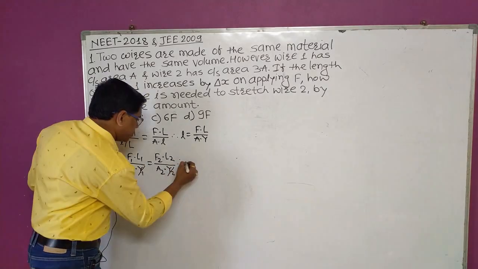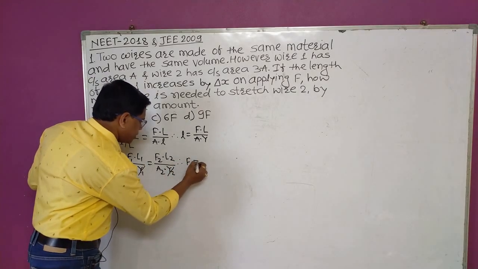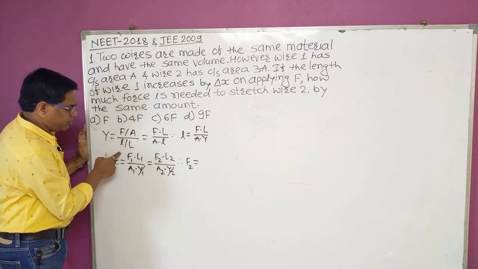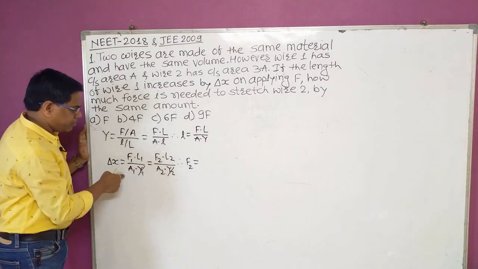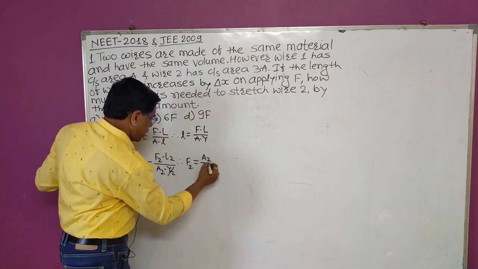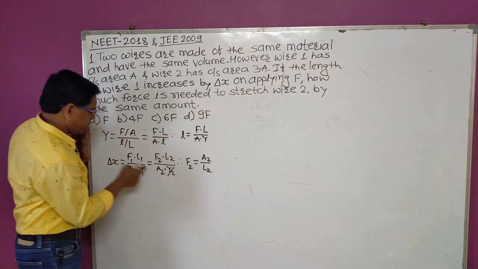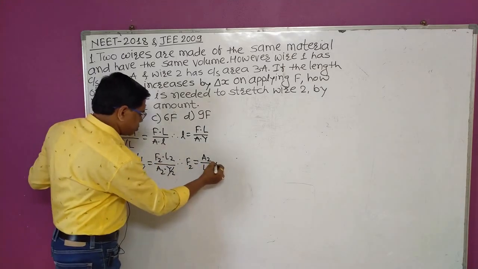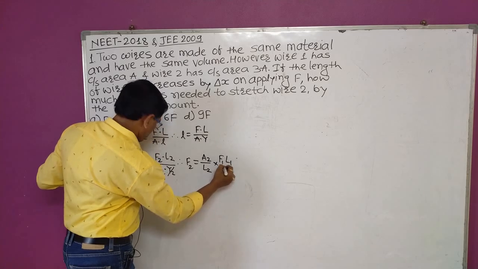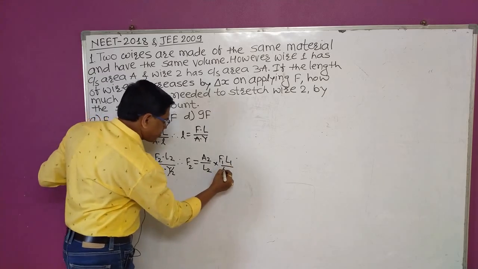So we get F2 is equal to, this A2 is divided, when brought to this side will become multiplied, this L2 will become divided. So we get A2 upon L2 into this F1 L1 upon this A1.